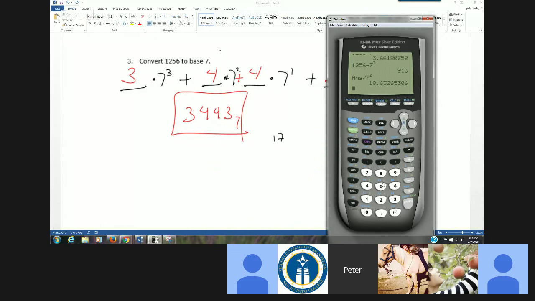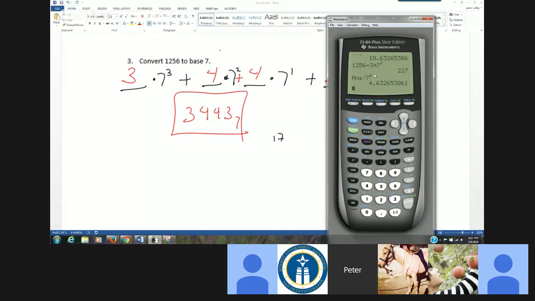Let's see, 18. That's not. Oh, I see what I missed. Whoops, I missed something. Okay, hold on. Let me try this again. 1256 minus 3 times 7 cubed. So I missed that 3 times part. All right, so that leaves me with 227 as my remainder. I'm sorry. And then I want to take that and divide that by 7 squared.